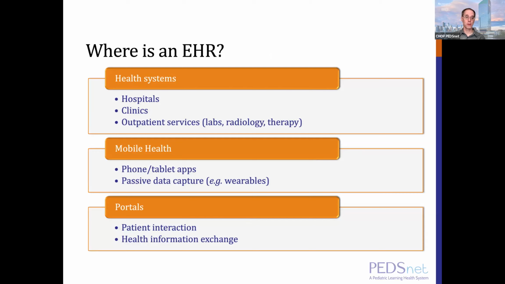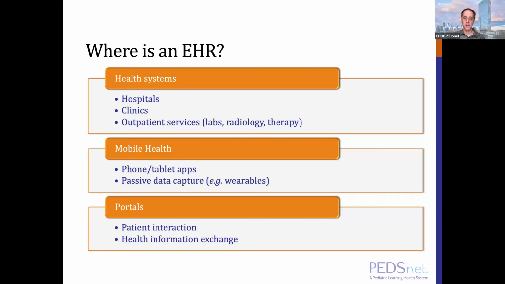The corollary of that is, where do you find EHRs? Well, as we've talked about, you find them in health systems, right? So they're deployed in hospitals, they're deployed in clinics, they're deployed in outpatient service departments. You'll find that increasingly they're deployed in mobile health systems. Often those are channels for providing information to patients with a narrower pipe back to the EHR. But it is possible to collect data both through patient entry and through passive data capture, such things as wearable fitness devices, and feed those data back into the EHR.